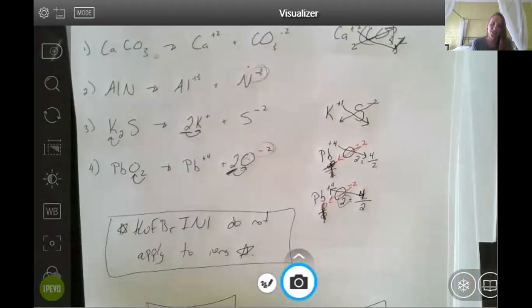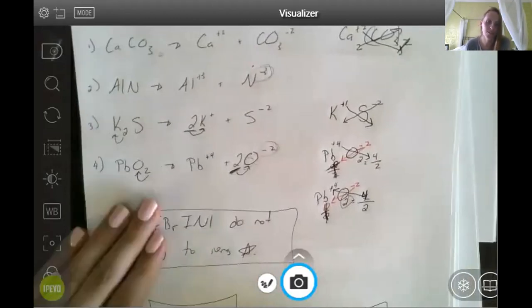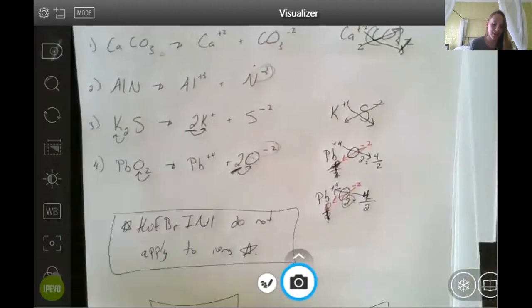Okay, ionization is very similar to these dissociation reactions. The only difference is that in the case of an ionization reaction, you are taking a molecule and turning it into ions, but it's not an ionic molecule. You're taking either a weak base or an acid, reacting it with water, and making ions that way.